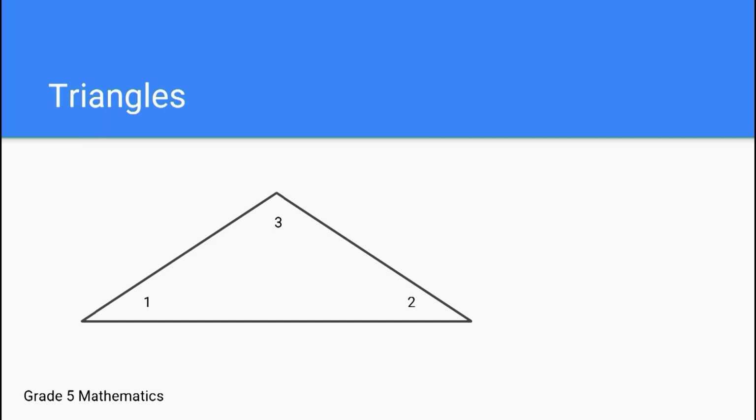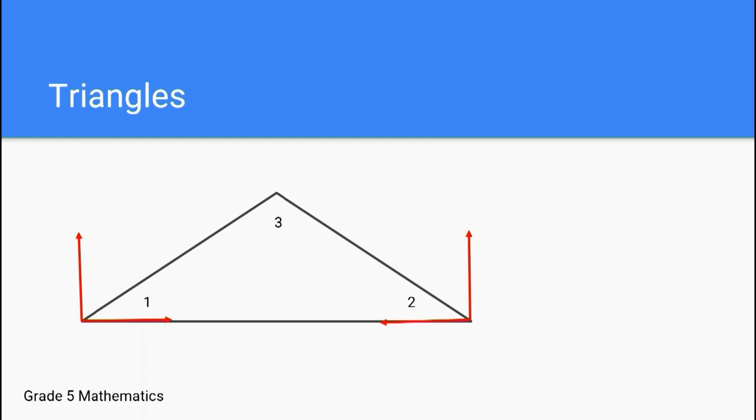What about this triangle? What do you notice about the angles? If we compare each angle to the right angle, it's right there shown in red, then we see that angle 1 and angle 2 are less than right angles.